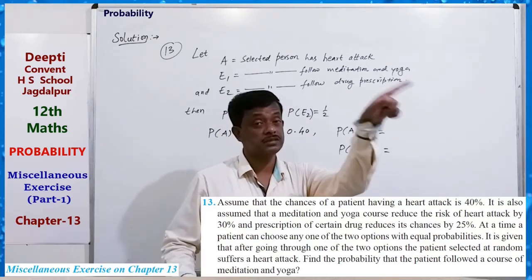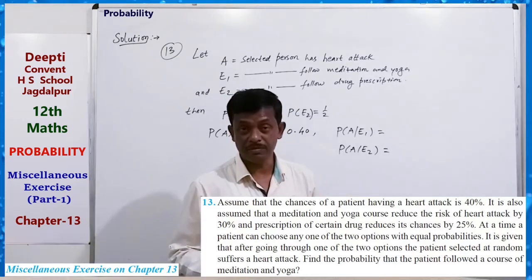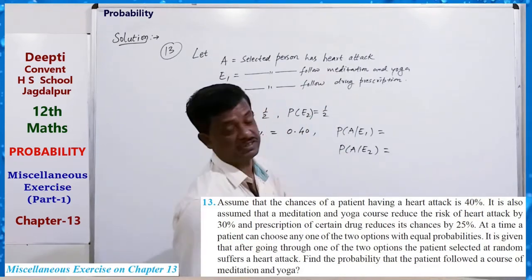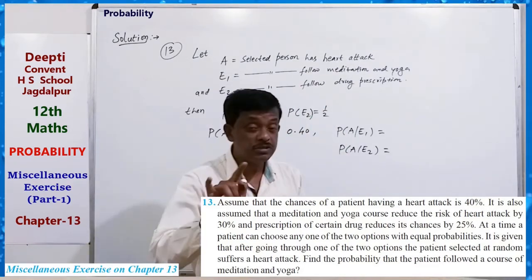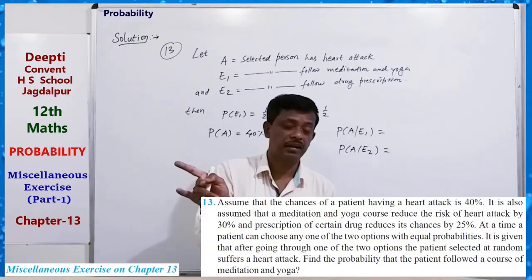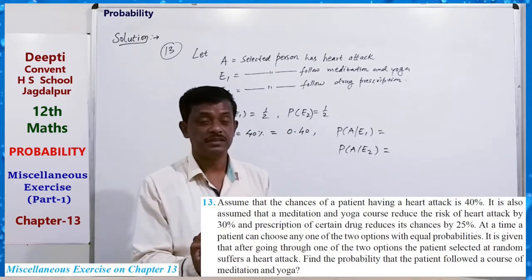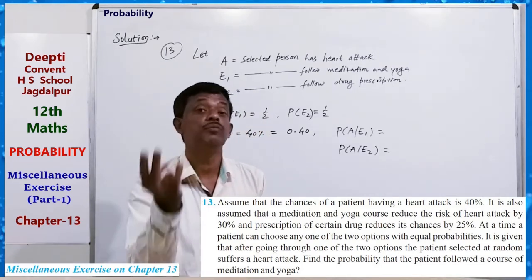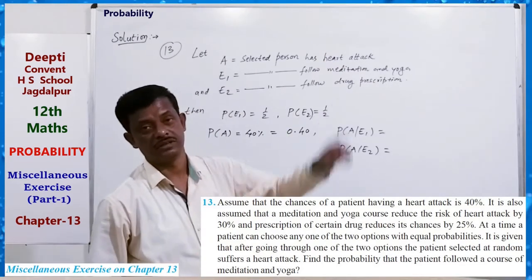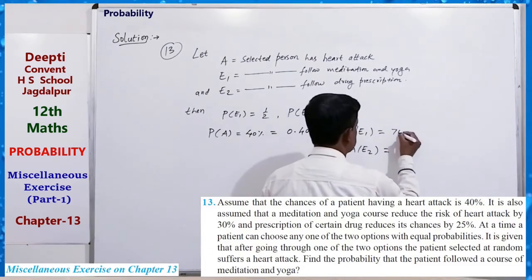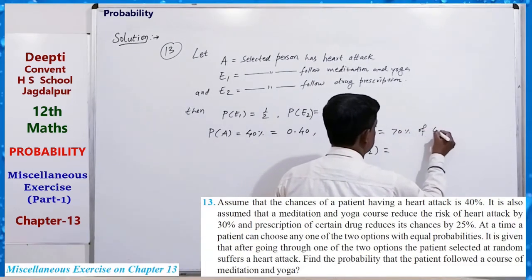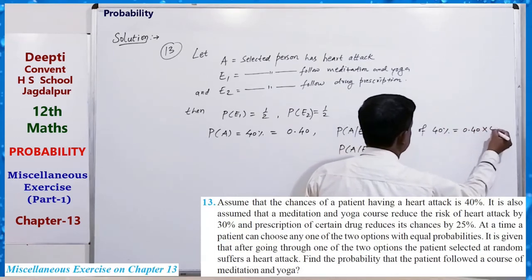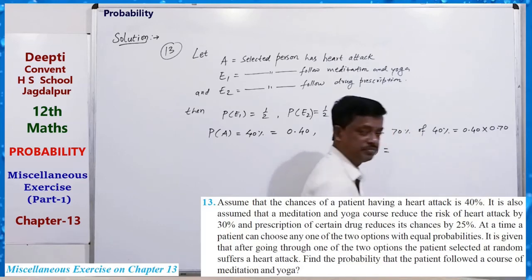That is, the heart attack chance is 70% of 40%, which is 0.40 into 0.70.